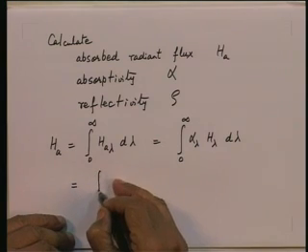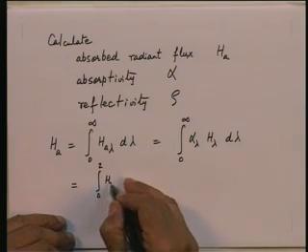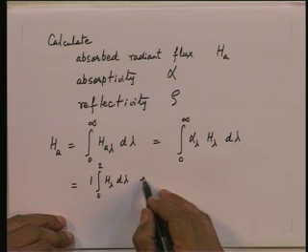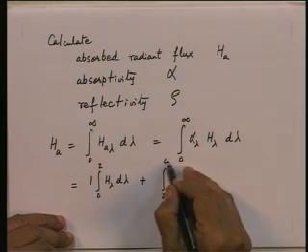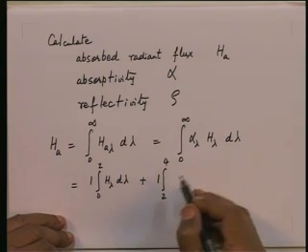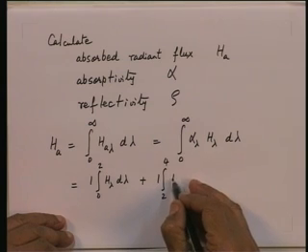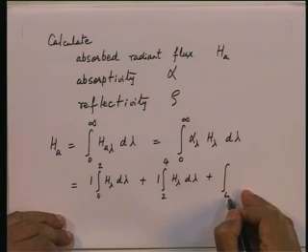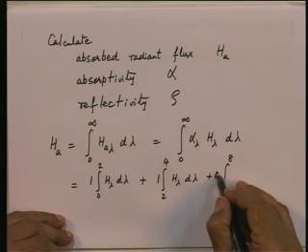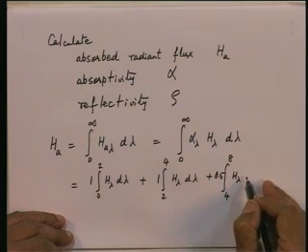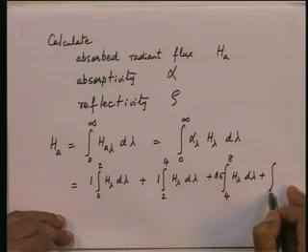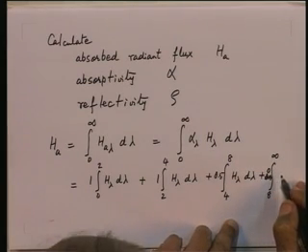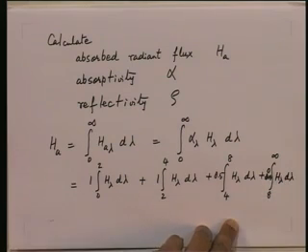Let us take first the integral from 0 to 2 microns, with H lambda from 0 to 2 and alpha lambda from 0 to 2, which is 1, plus the integral from 2 to 4, where alpha lambda is again 1, and since it is constant I can take it outside the integral, multiplied by H lambda d lambda, plus the integral from 4 to 8, alpha lambda is 0.5, H lambda d lambda, and finally, the last one from 8 to infinity, where alpha lambda is 0, multiplied by H lambda d lambda.